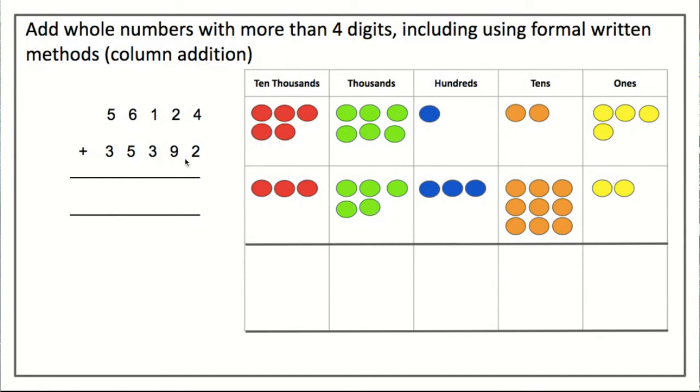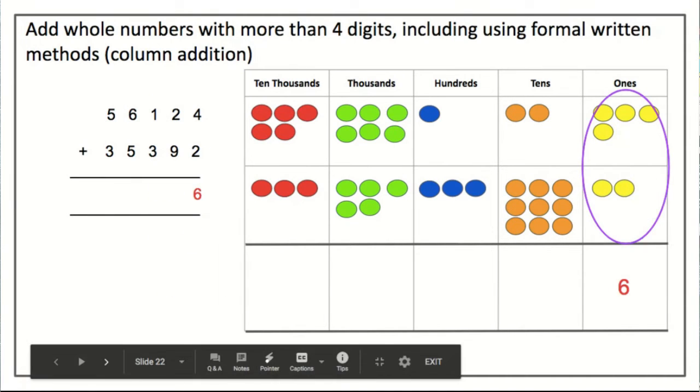So we've got here 56,124 add 35,392. When we look at this equation, the children always start with the column on the right. 4 ones add 2 ones. We group them all together and count them all. So the total of this column is 6. This will be recorded in the equation.